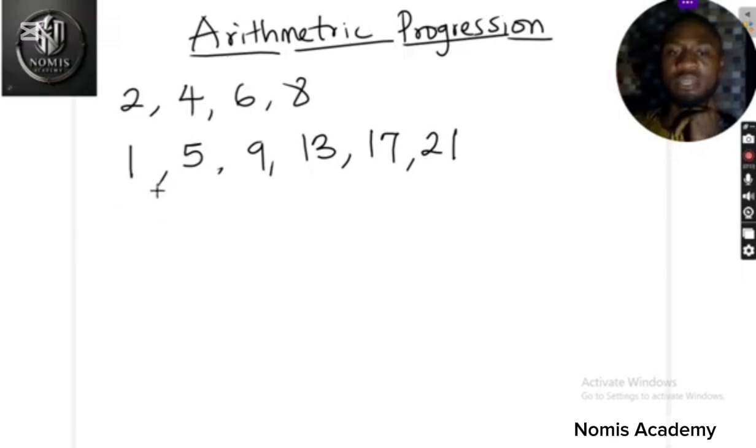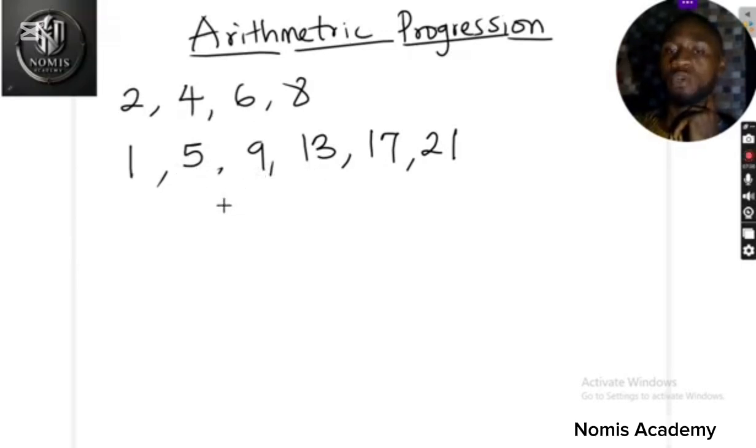Looking at this 1, 5, 9, 13, it follows a regular pattern. And how can I detect that pattern? It is through common difference. What do I mean by common difference? The difference between the second term and the first term, the third term and the second term, the fourth term and the third term.